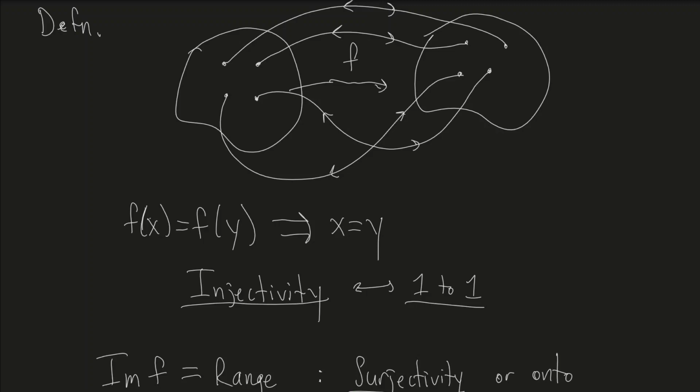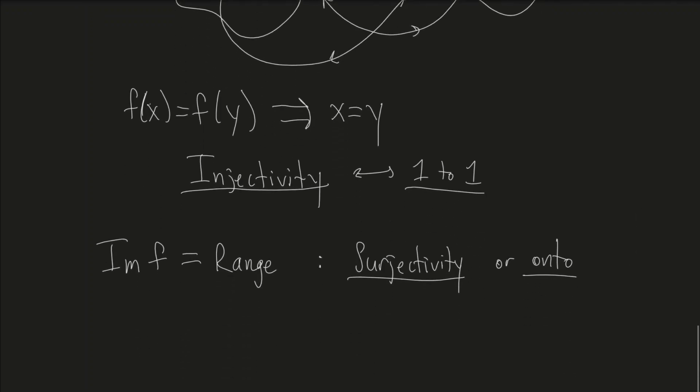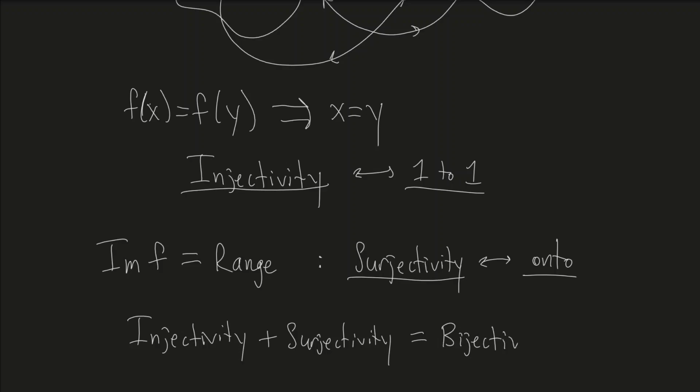Or onto. Let me be consistent. If we have both together, this is called bijectivity. Okay, and then if we're using the noun form, for a function, we would have an injection or a surjection, and then together would be a bijection.